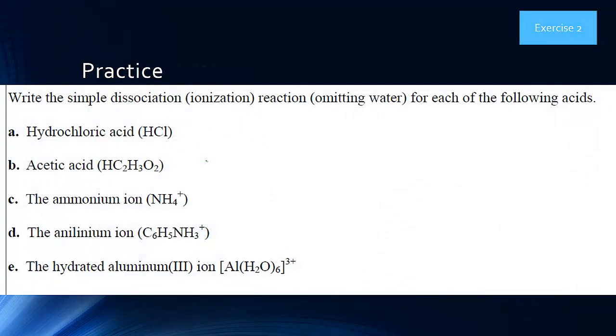So, if we wanted to show the dissociation equation of hydrochloric acid, we could donate 1 hydrogen from it. So the dissociation equation for hydrochloric acid would be hydrochloric acid in solution will break up and be formed from hydrogen ions and chloride ions in solution. There's our dissociation equation. We don't talk about the water unless we are talking about a hydrolysis, but that is later in this unit, so don't panic about it just yet. We're just going to show the donation of a single hydrogen or hydroxide at a time.